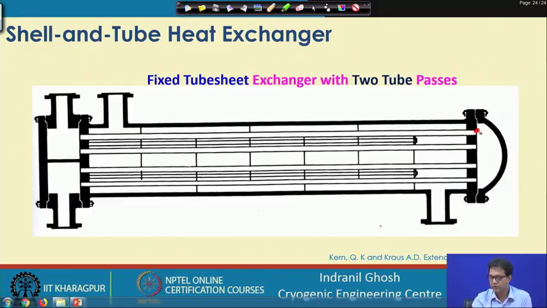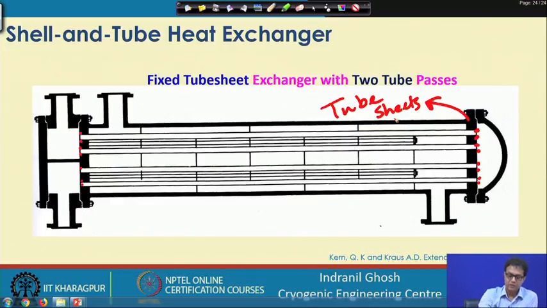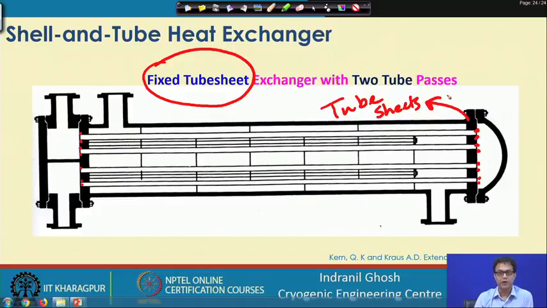All these points will be welded, so these tubes are fixed rigidly with the tube sheet. The tube sheet and the tubes are rigidly connected, and that is why this is a fixed tube sheet exchanger with two tube passes.